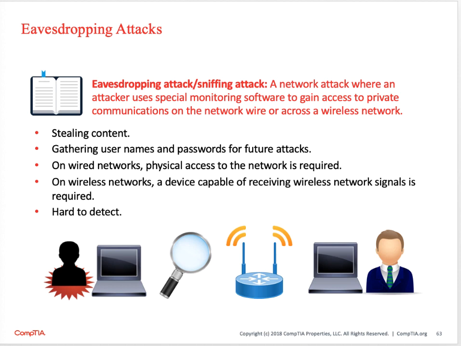But on a wireless network, they just need to be able to receive signals from the wireless network. This is going to be hard to detect unless we find an unknown computer when we do some sort of scan on our network.